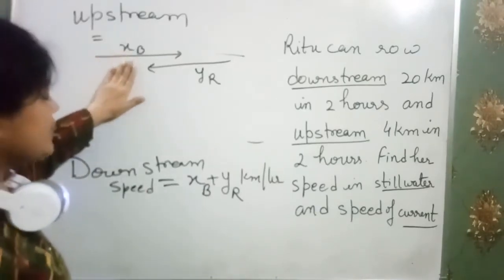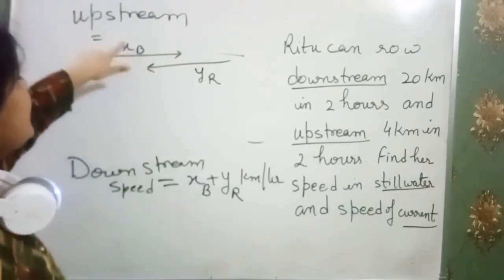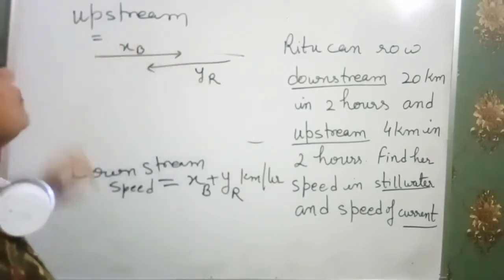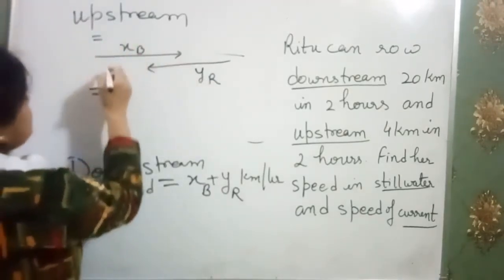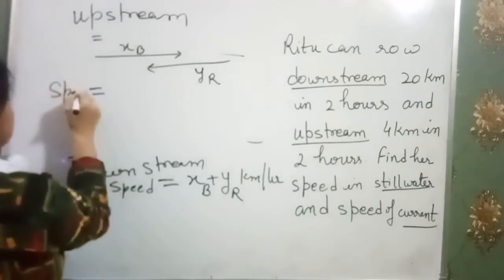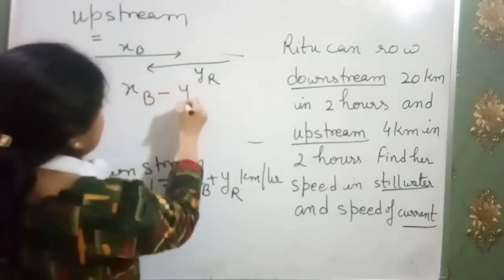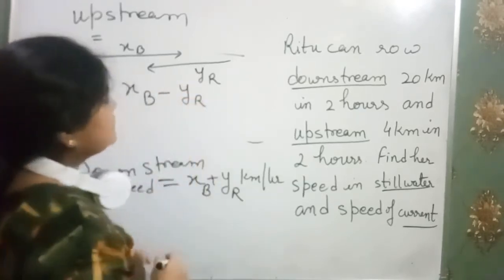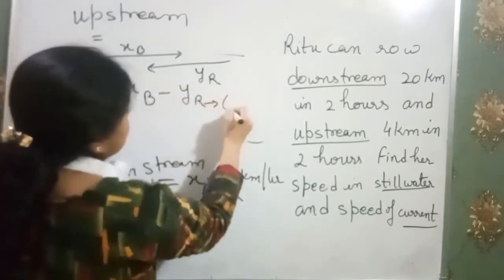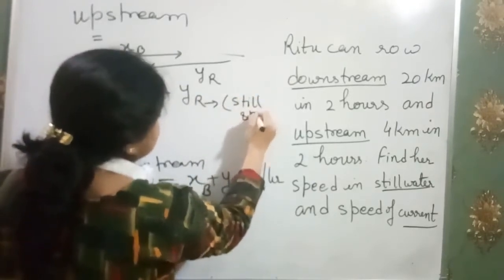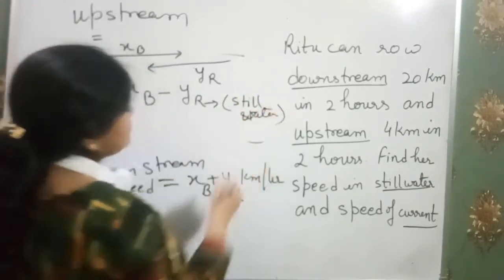But remember, always subtract the speed of the river from the boatman, not the boatman from the river. So in upstream, net speed is speed of boatman minus speed of river. That is the speed in still water.